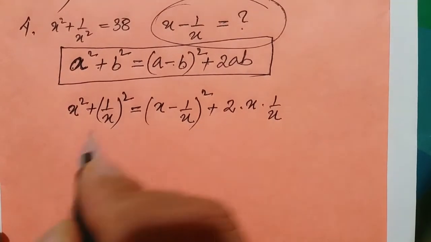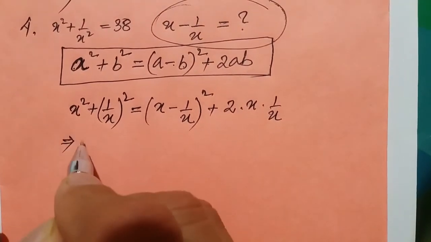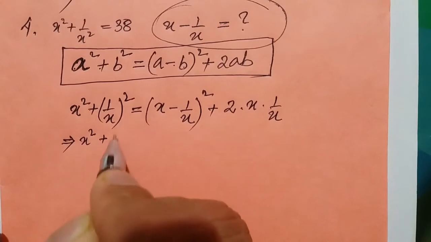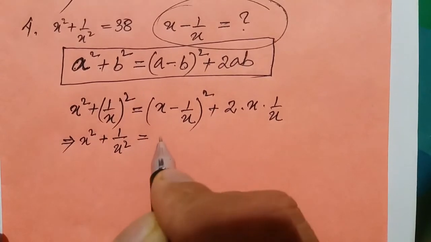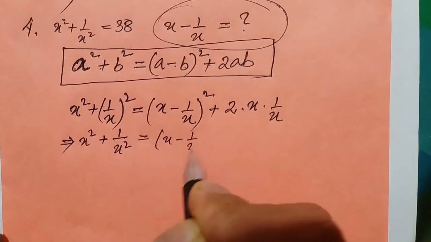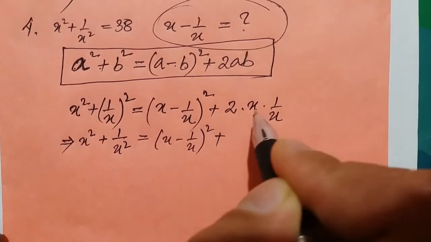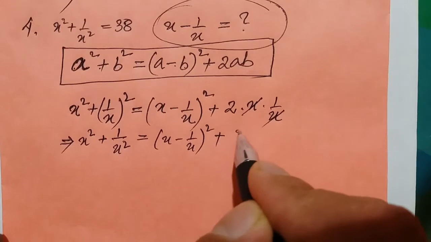Now here this is x square plus 1 square is 1, x square is x square, and then here x minus 1 by x holding square plus here x and x you can cut, so you get here 2.